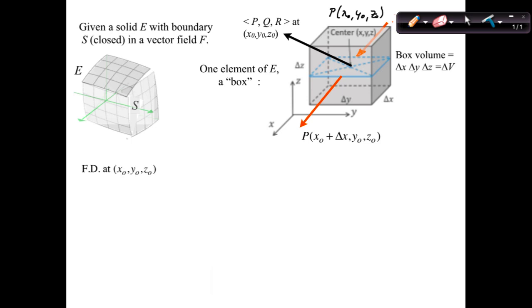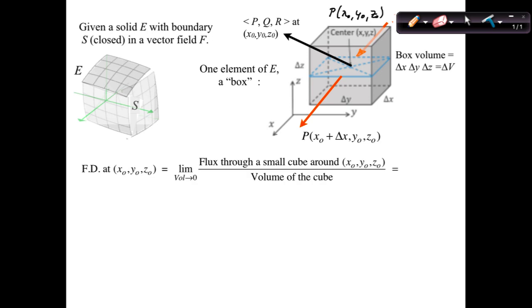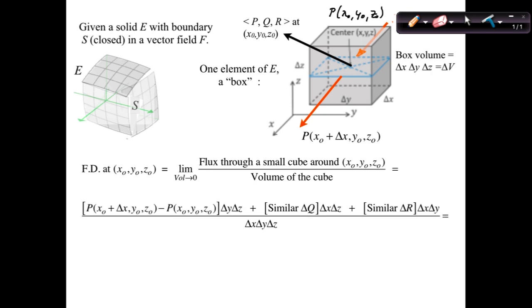So the flux density, what was flux density? It was flux per volume, right? So the flux through the cube around x naught, y naught, z naught divided by the volume of the cube. So flux, what is flux? It's the vector times area, right? So we got three components of that.